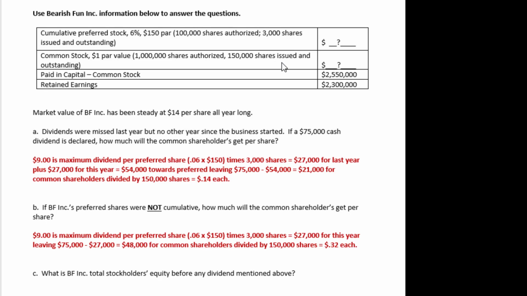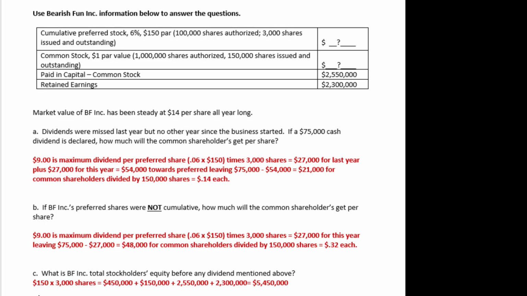So let's do that math. So we would take the 3,000 issued times the 150, and that would go there. And then the $1 times the 150,000, that math's pretty easy. And then we would add these four up. There's no treasury stock to remove, so that's not anything we need to work with here. All right, let's do that math. So let's review.